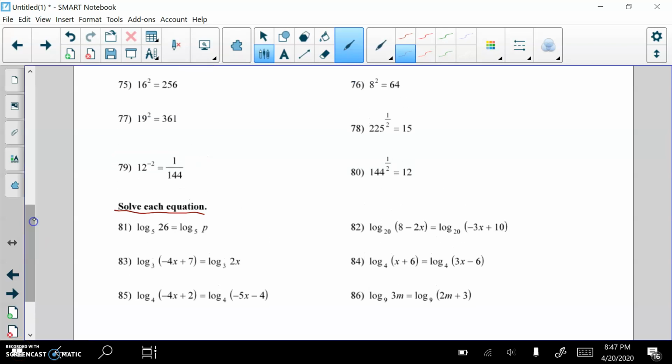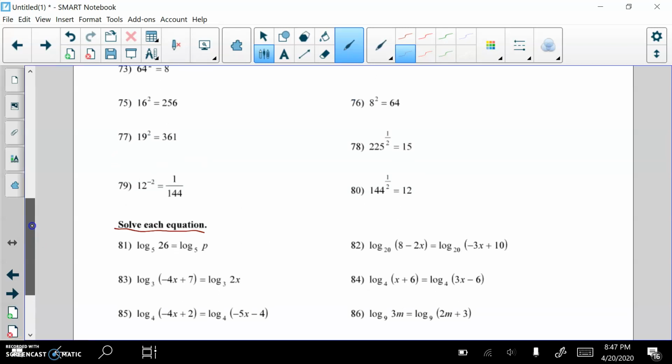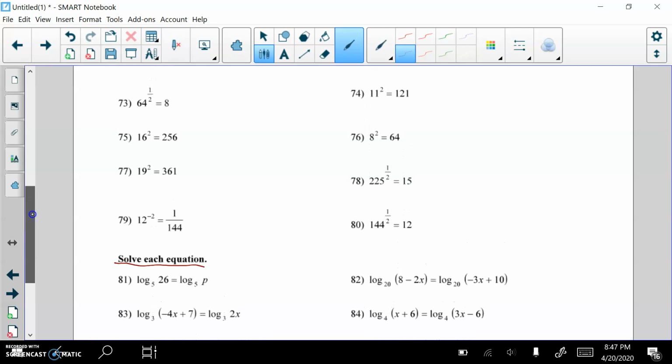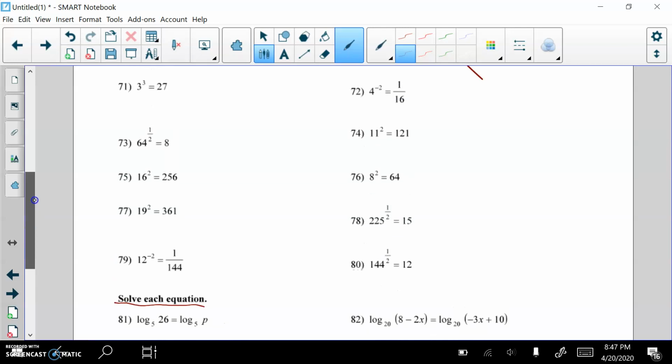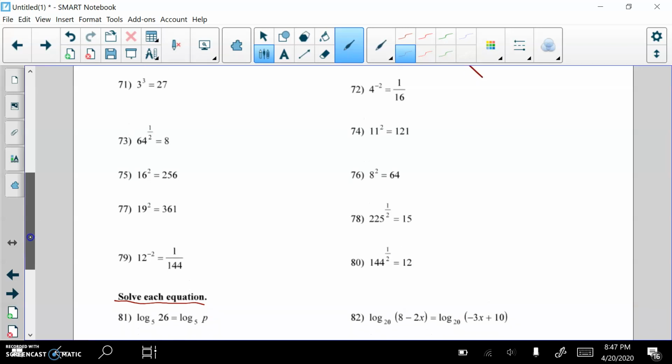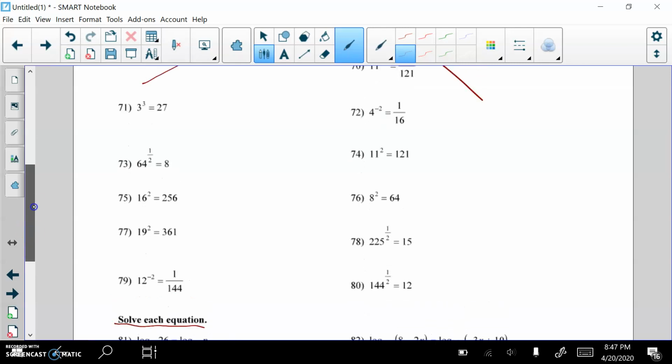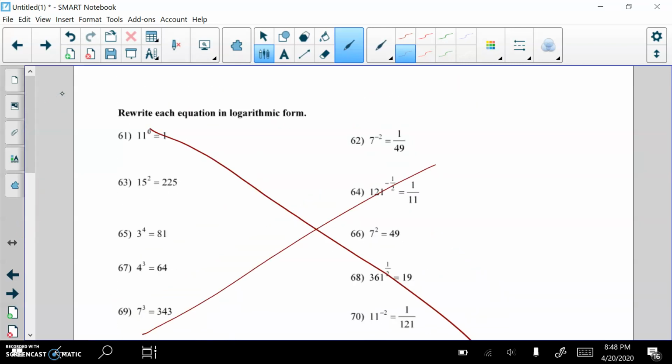Let's do 80 questions. Half of that's 40. How do I do half of that? Multiples of 4? Every other one?